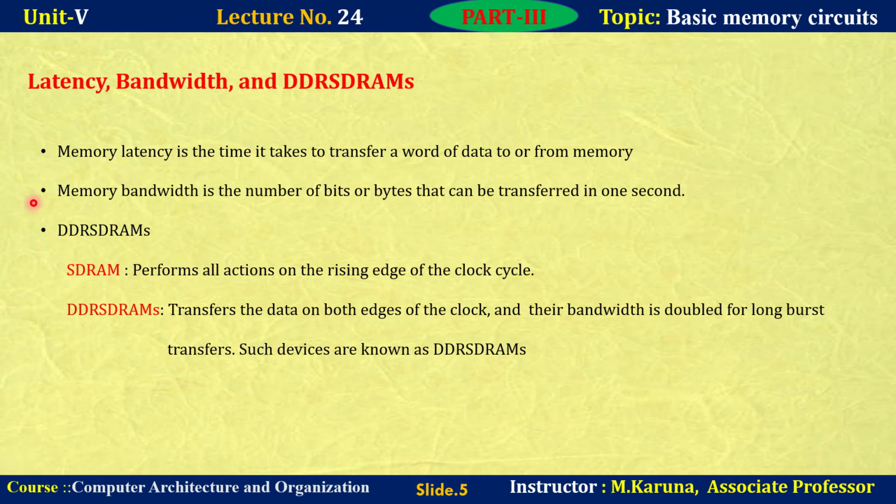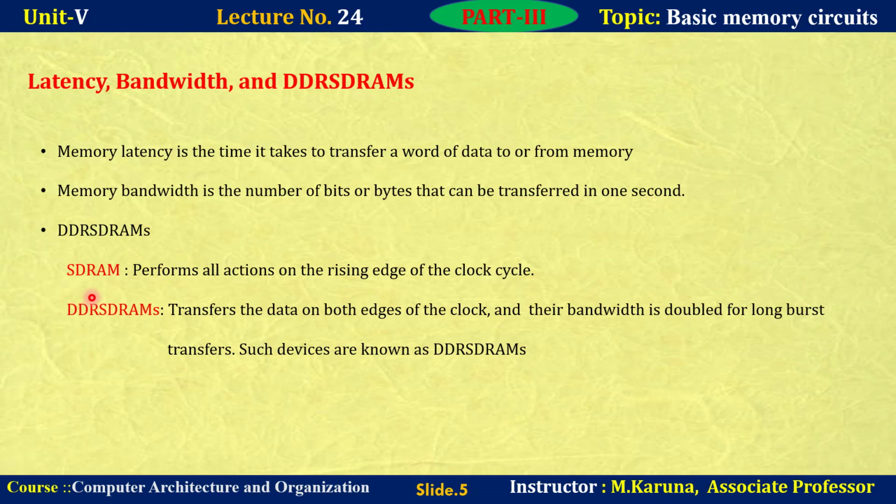First, memory latency is the time it takes to transfer a word of data to or from memory. Memory bandwidth is the number of bits or bytes that can be transferred in 1 second.